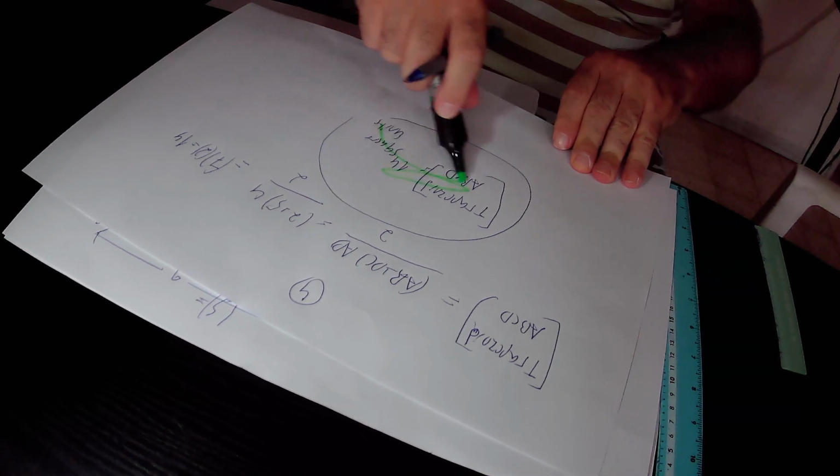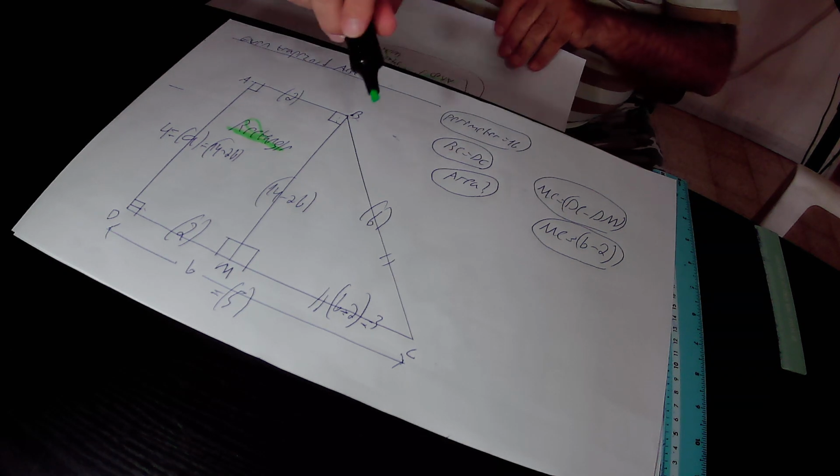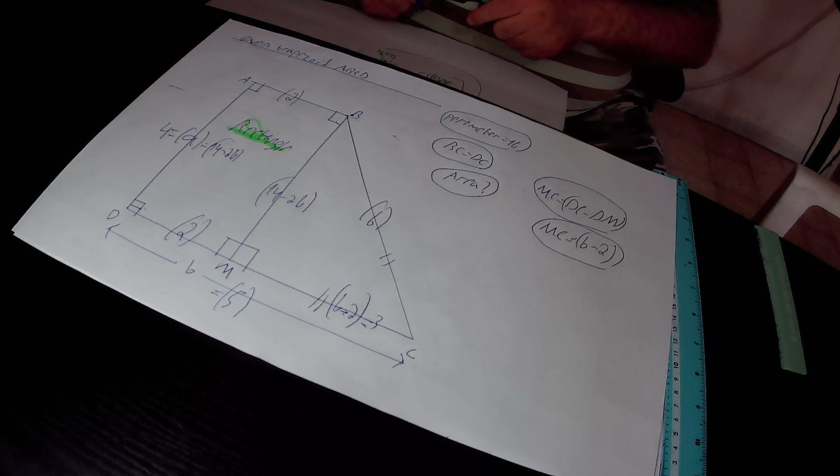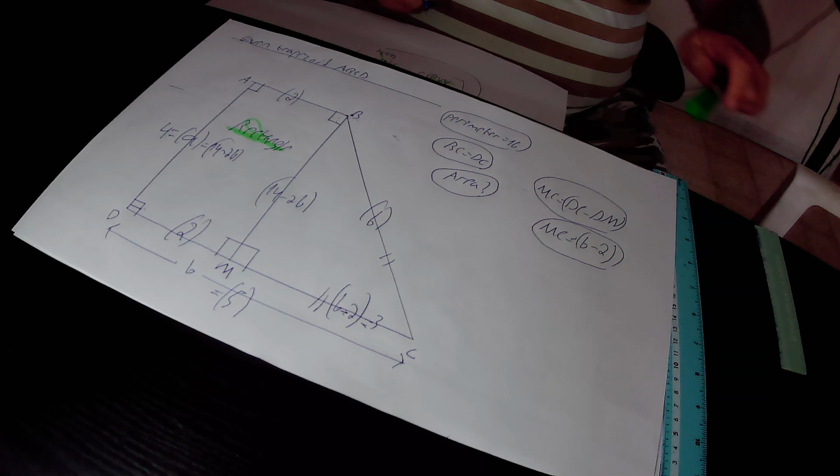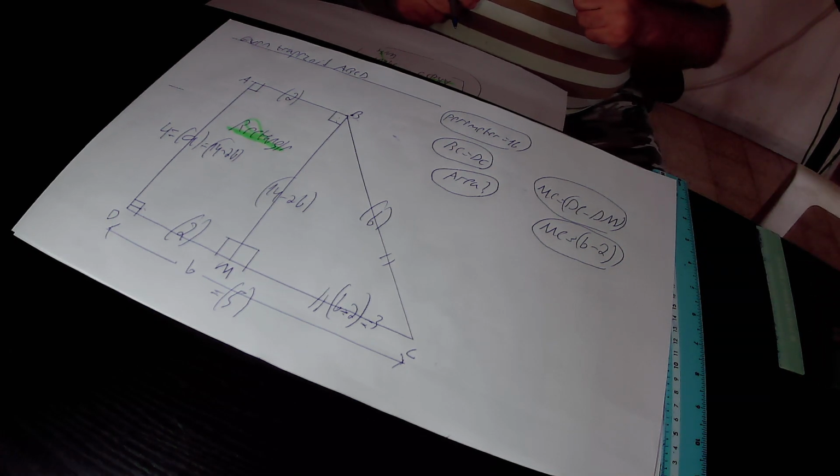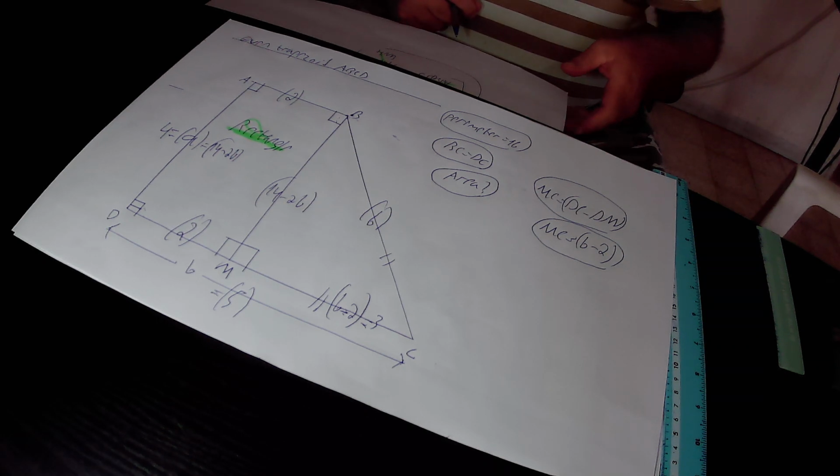And then again, this trapezoid ABCD is equal to 14 square units. So we finish with the first question. The next step, I present to you the second question, and we'll solve the second question of this lecture.